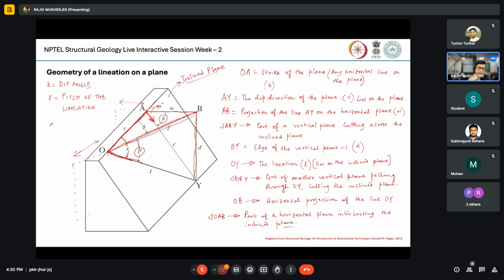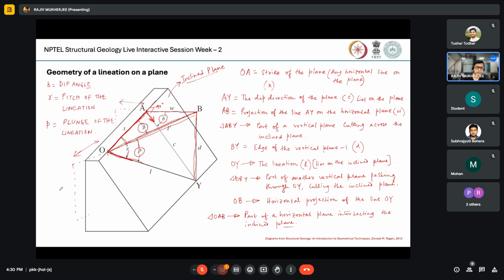So this P is basically the plunge of the lineation. Now we have another angle called beta, this one.